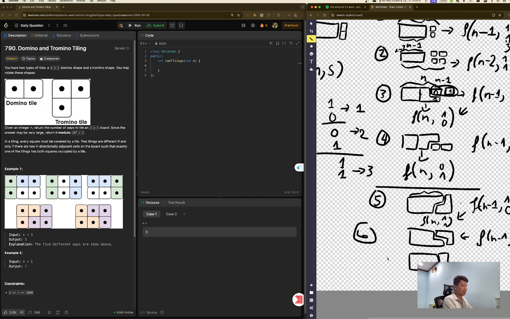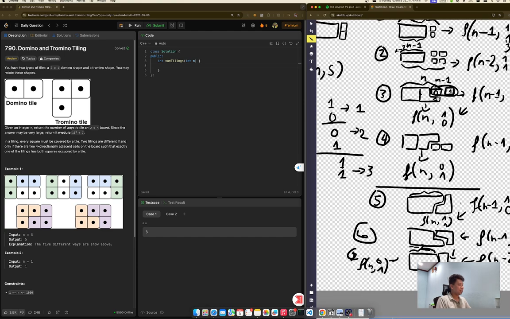This state is case 7, and this state is F(n, 0, 1), and it comes from F(n-2), and the last state is fully filled.